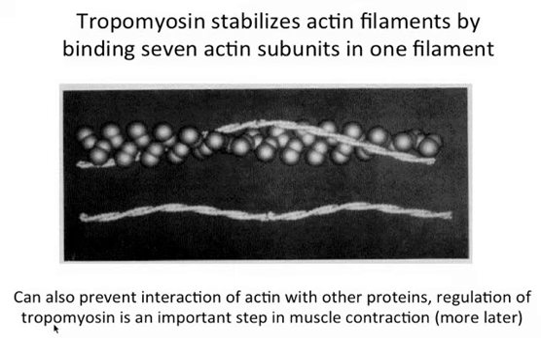Some will be stabilizing, some will be destabilizing. So you just need to figure out how you're going to keep that straight, and understanding what they do helps. Like tropomyosin, if it's going to bind 7 actin subunits, that makes sense how it would be stabilizing, because it's keeping them together.